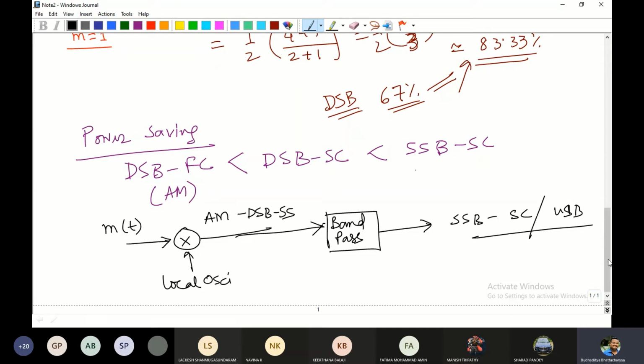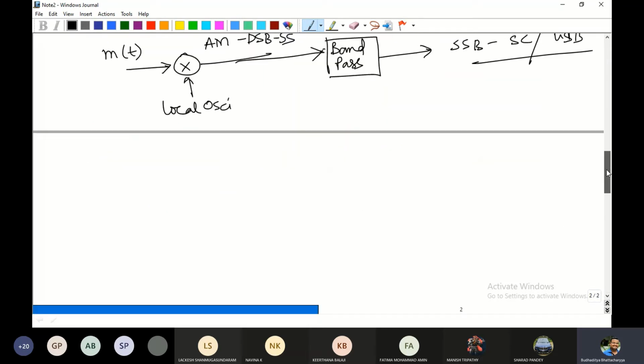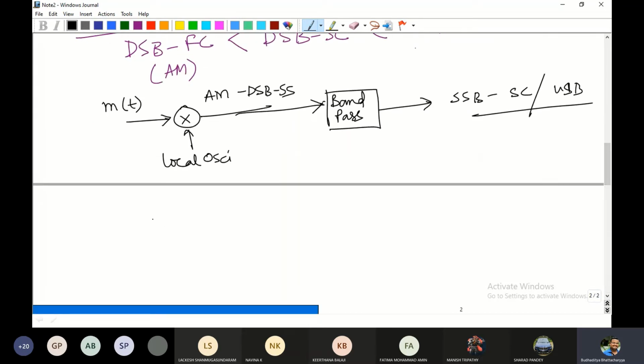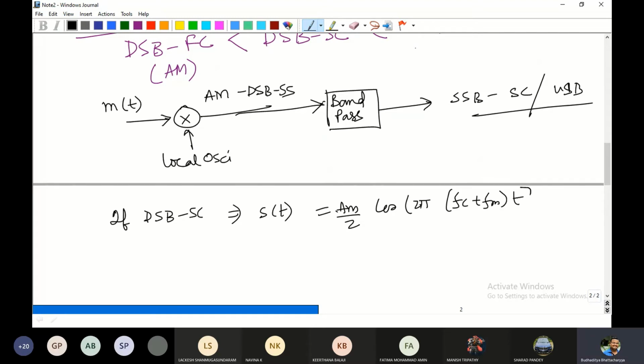Okay, so if you observe carefully, equation-wise, for the DSB-SC, s(t) is something like Am/2 cos 2π(fc + fm)t, as given from the earlier day. So this was the upper sideband, plus Am/2 cos 2π(fc − fm)t.